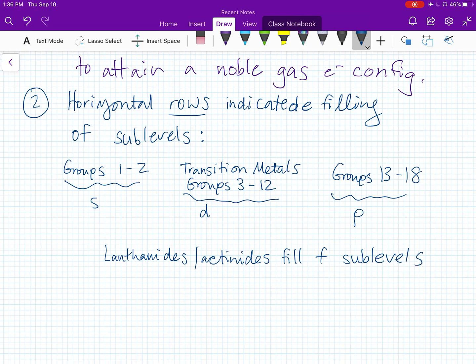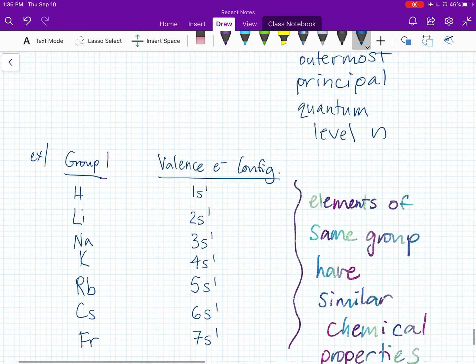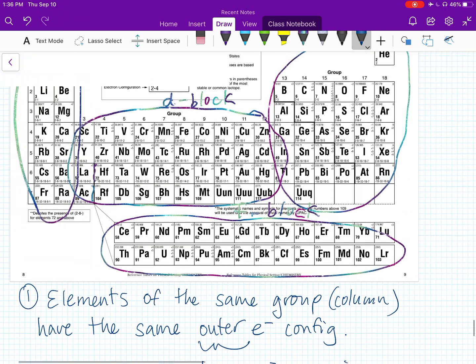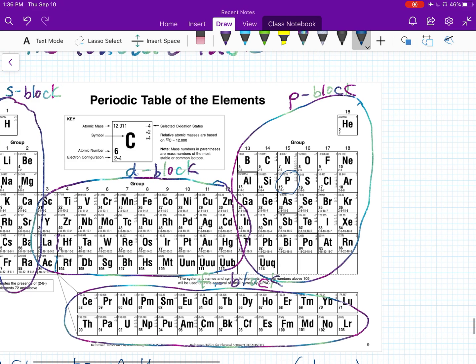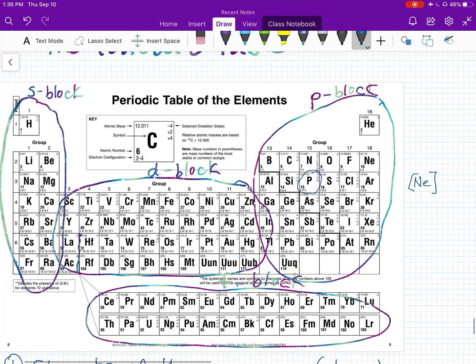Now, when we are looking at the periodic table, we can use that to derive electron configurations. For example, let's just take phosphorus. Phosphorus would have an electron configuration where its nearest noble gas would be neon, so we can abbreviate its electron configuration like that.